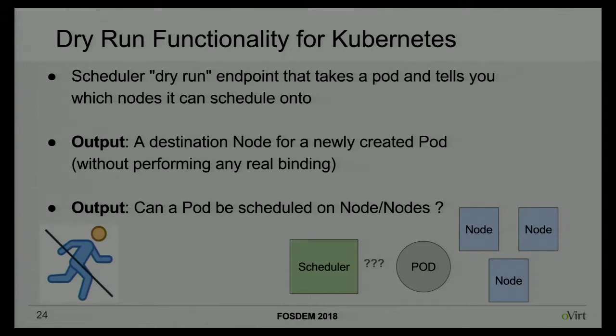Scheduling simulation basically means you take a dry run endpoint that will take a pod, and eventually tell you where the pod will be created, or where the pod will be bound. Or even before that, I want to see if it can be bound to a specific node, even before getting the results. So these are two of the outputs. Very simple for a dry run functionality.